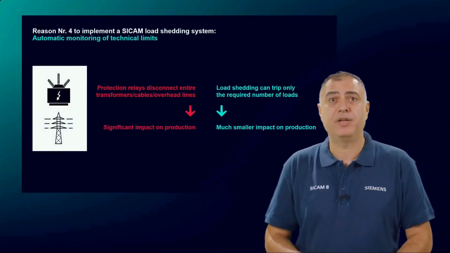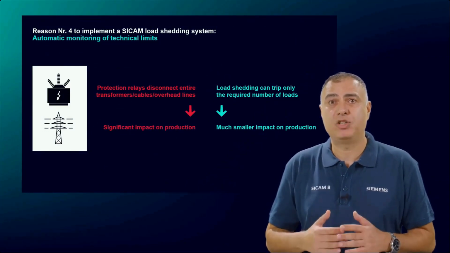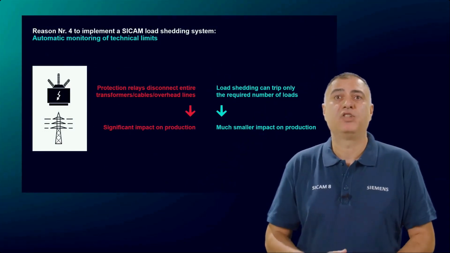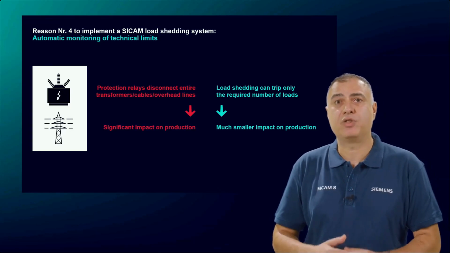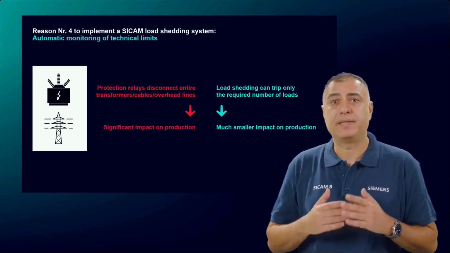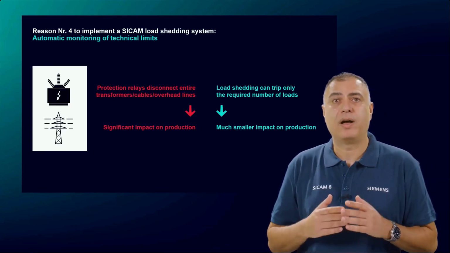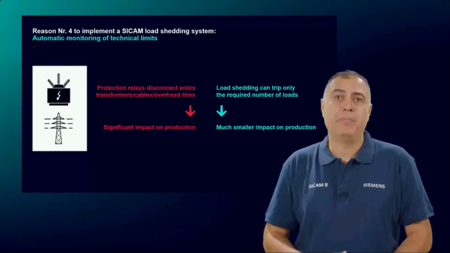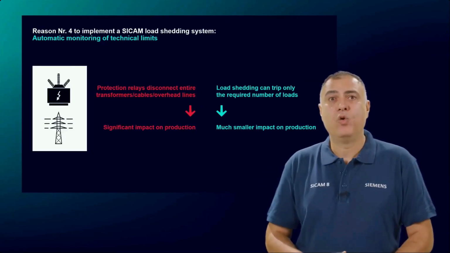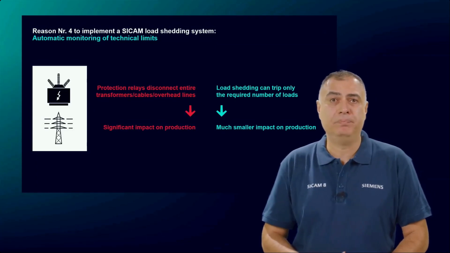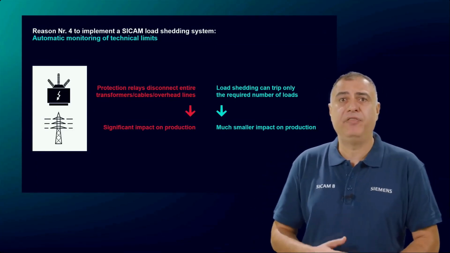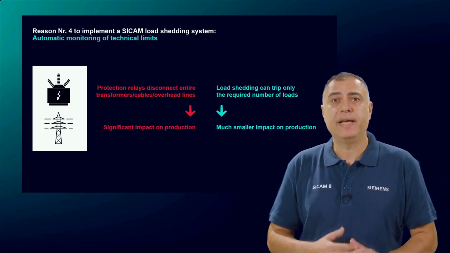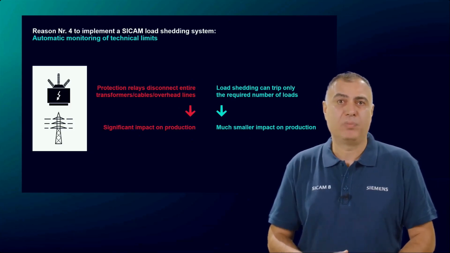Load shedding installations can offer a much smarter approach. Just before a protection device switches off an entire transformer or a feeder, the load shedding system can shed the required number of connected low priority loads. This significantly reduces the negative impact on the plant's production.